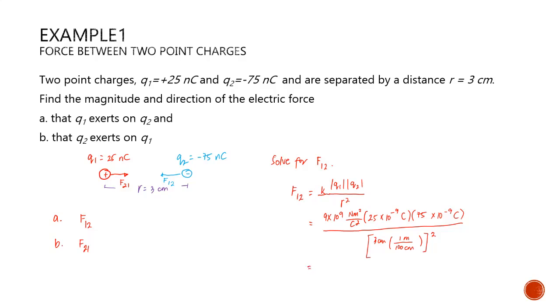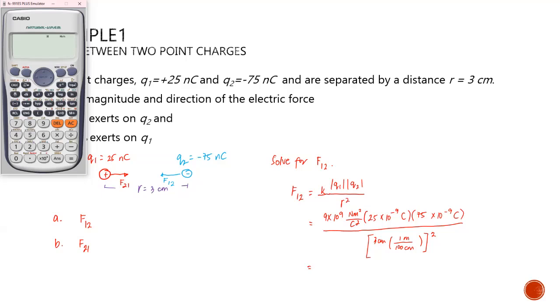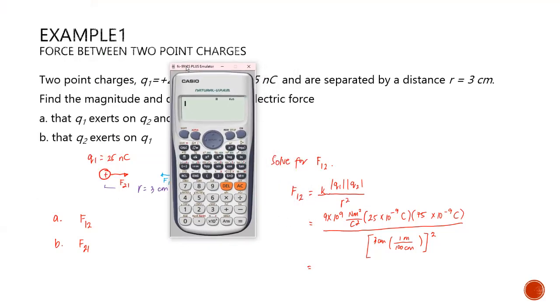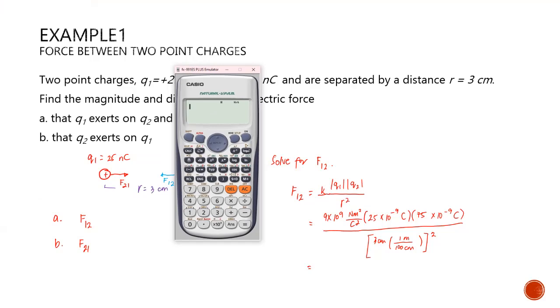So the electric force exerted on the point charges is 9 times 10 raised to the power of 9 times 25 times 10 raised to the power of negative 9 times 75 times 10 raised to the power of negative 9, and then divided by the quantity 3 divided by 100, squared.